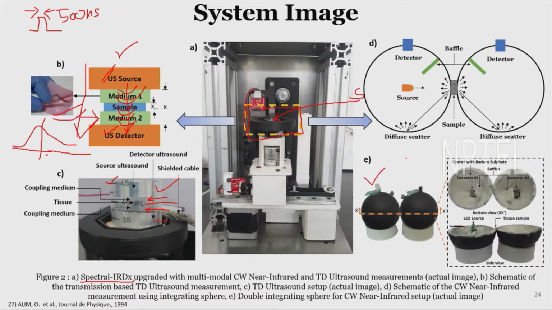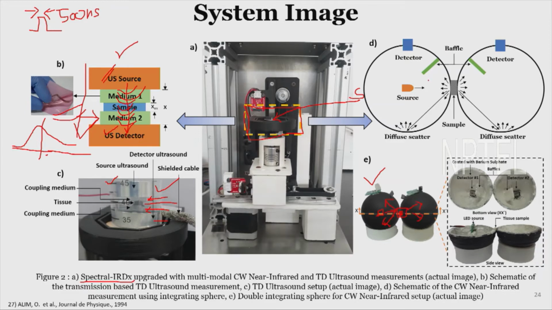It involves two different spheres which are connected to each other through these input and exit ports. You keep the sample somewhere over here, and your LED light is over here, and you shine this light through the tissue, which back scatters as well as forward scatters.